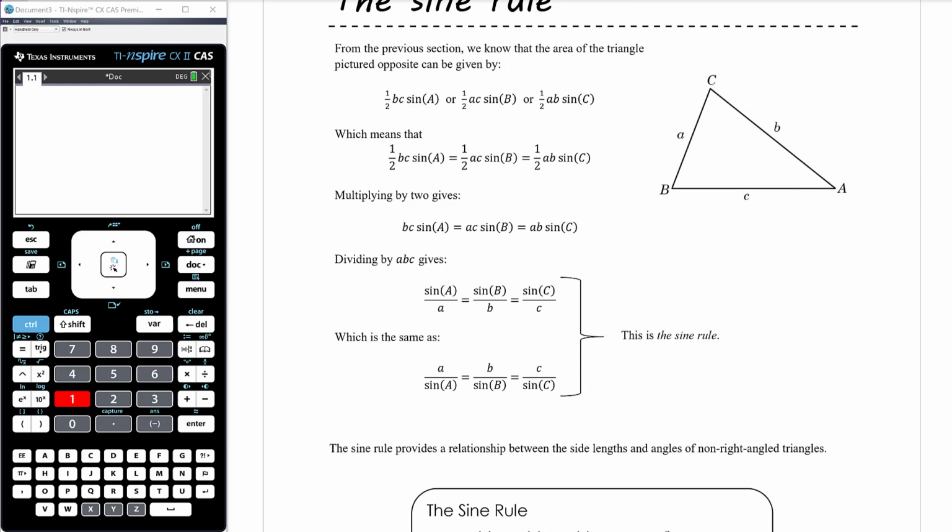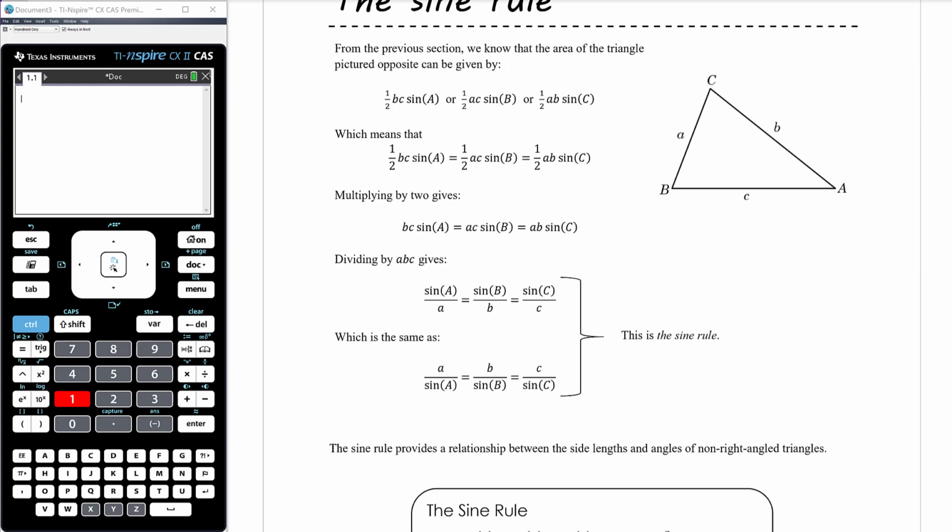Or we could do half times a times c times sine of the included angle, B. Or if we knew a and b, we could do half times a times b times sine of the included angle, C. All three of those formulas calculate the area of this triangle. We would just use whichever one is relevant depending on the information we're given in the triangle.